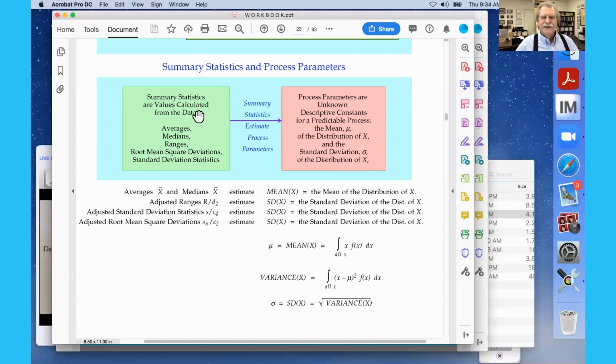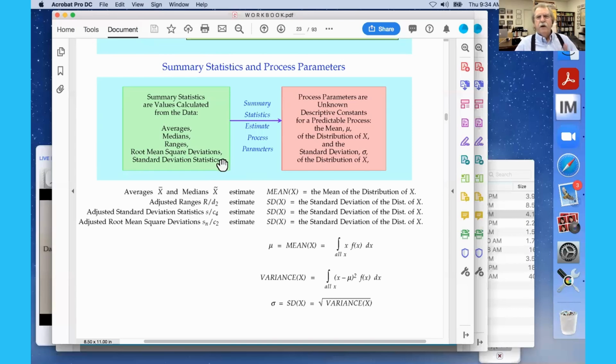We work with statistics. Statistics are values calculated from the data. There are things like averages, ranges, medians, root mean squared deviations, standard deviation statistics, all the typical computations you learn in your baby course in statistics.